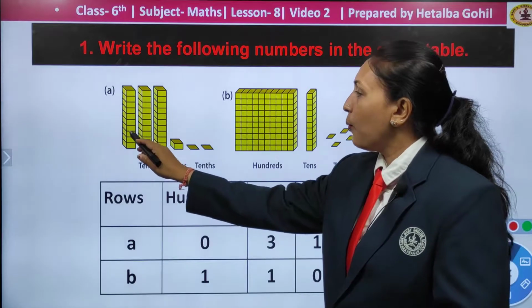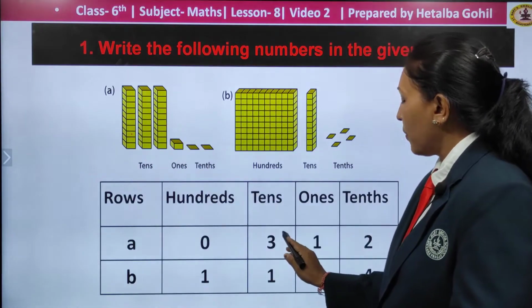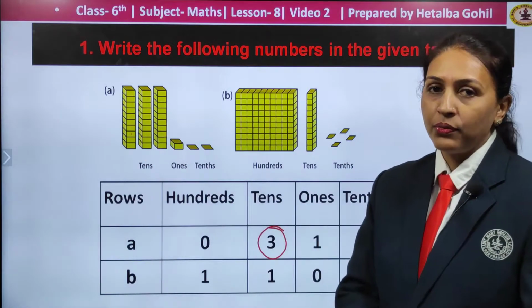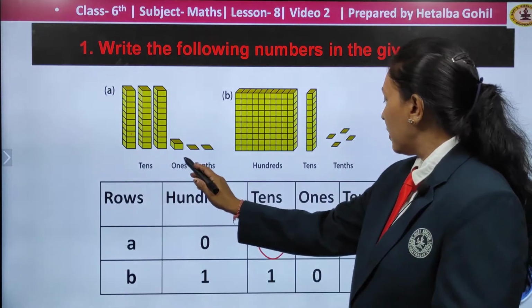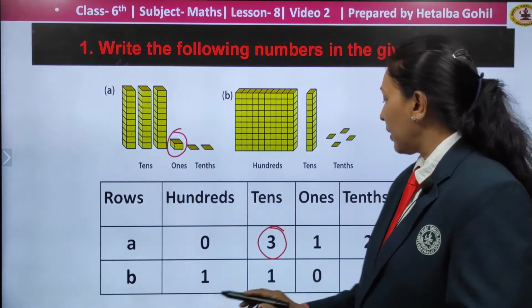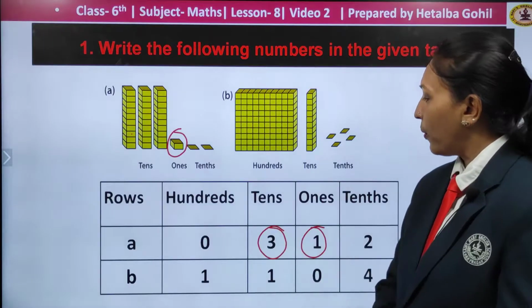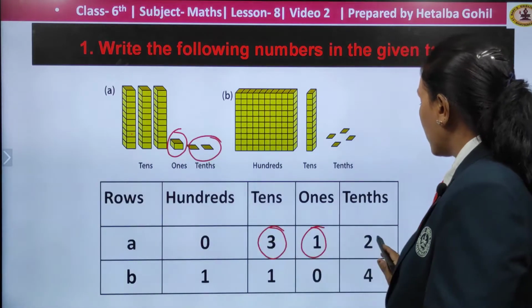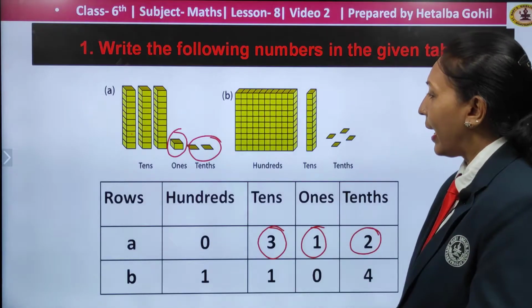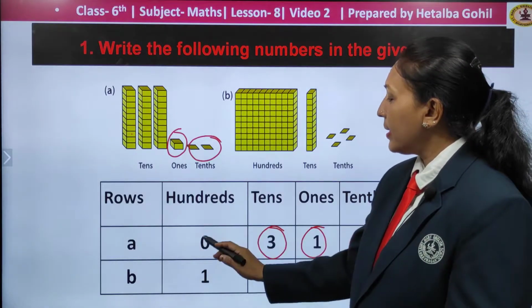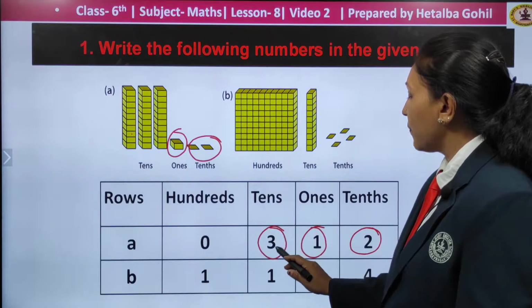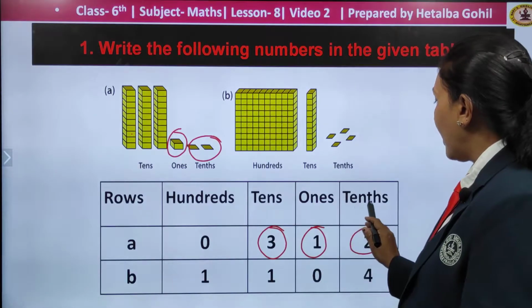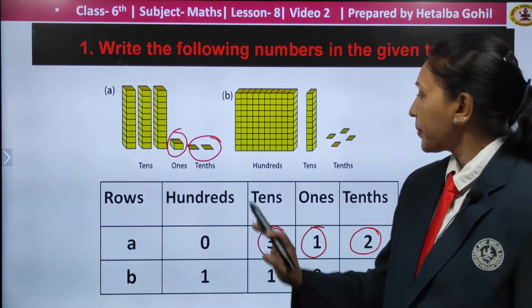In the tens we have 1, 2 and 3 rows, so in the tens we have 3. In the ones we have only 1, the block is 1 only. And we have 2 smaller blocks, so that represents 2 tens. Okay. So hundreds, no blocks here. Tens we have 3, ones we have 1 and the tens we have here 2.